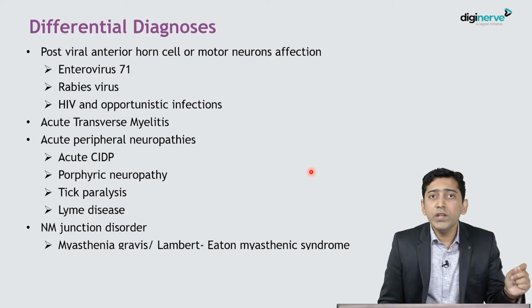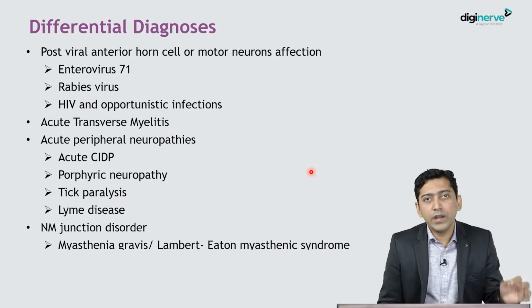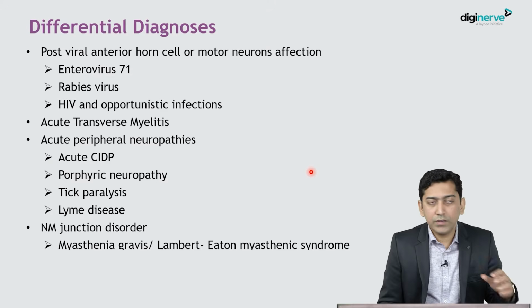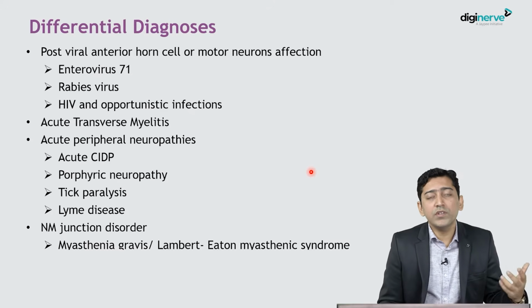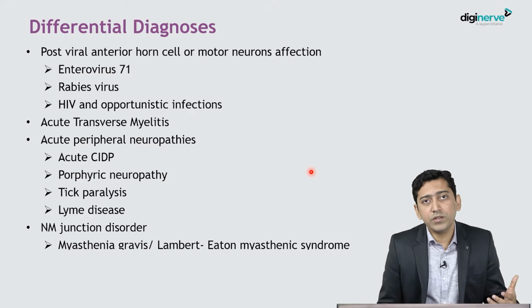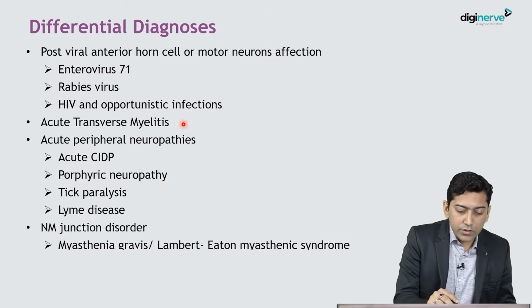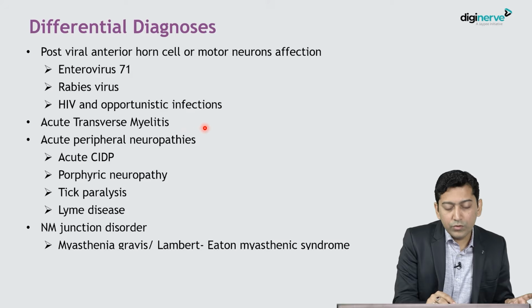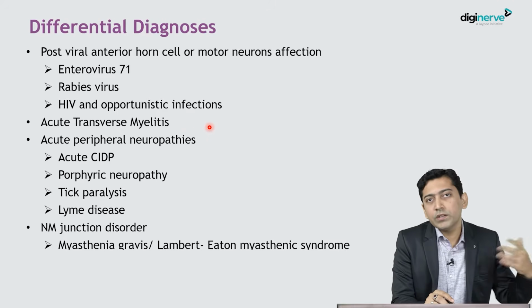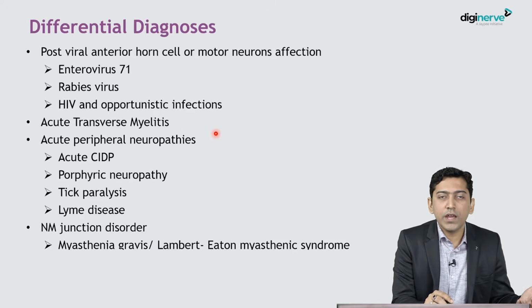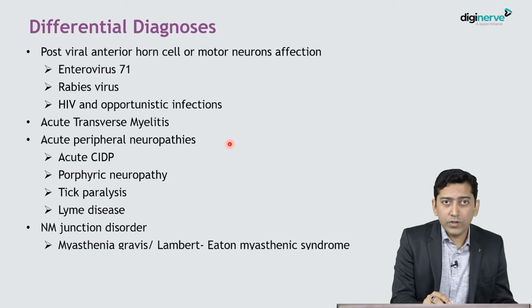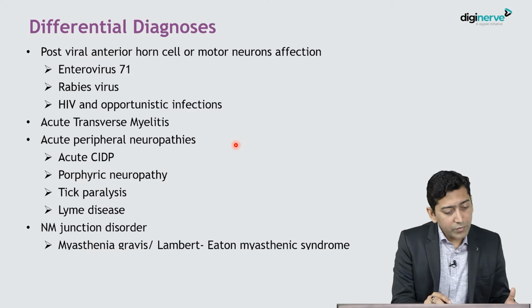And if there is a prominent sphincter problem or bladder and bowel dysfunction, that is, if there is urinary retention, if there is urinary incontinence or constipation, which is of acute onset. So we have to rule that out, and then we might want to order an MRI scan of the spinal cord to establish or refute a transverse myelitis.